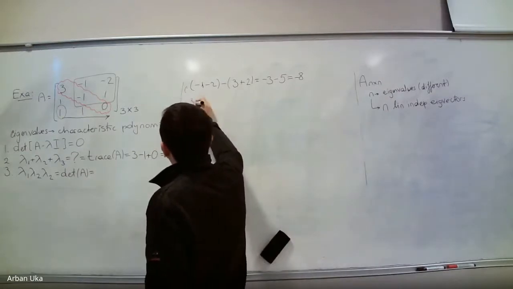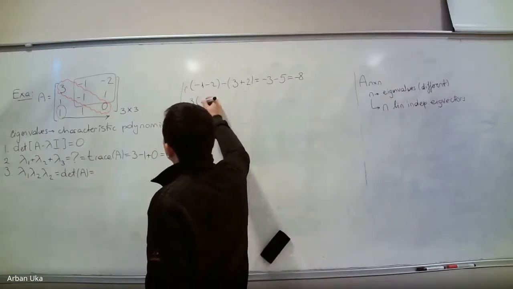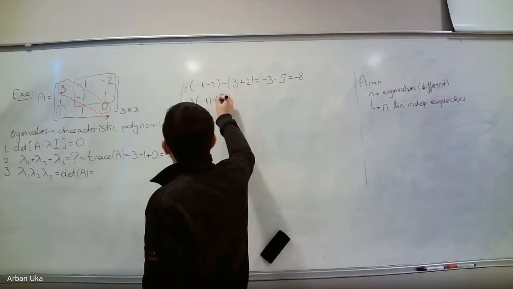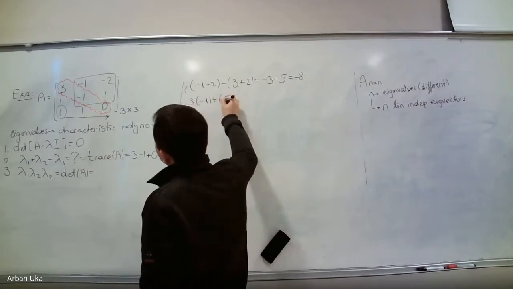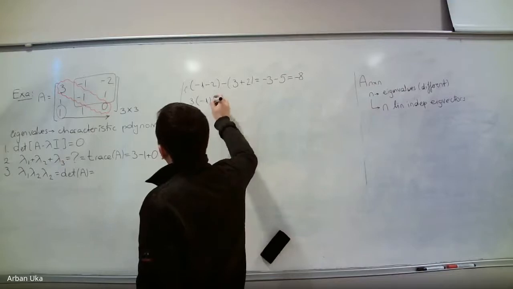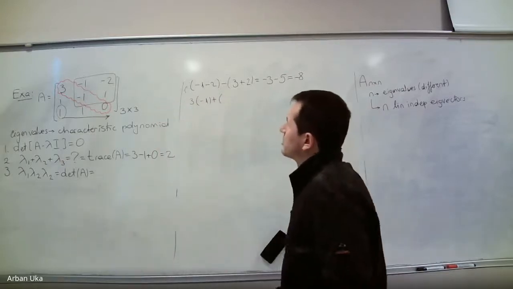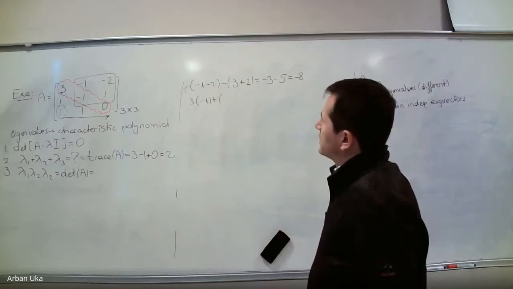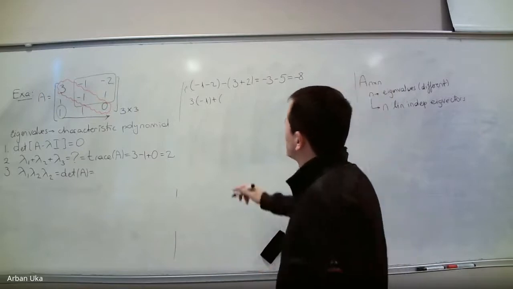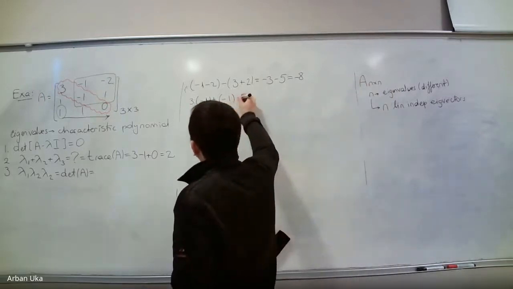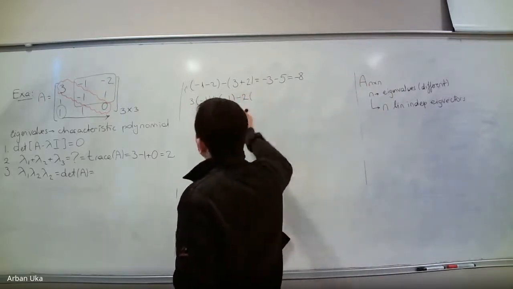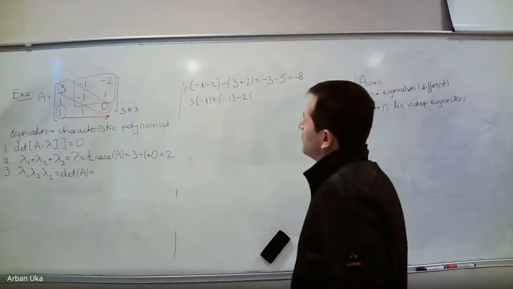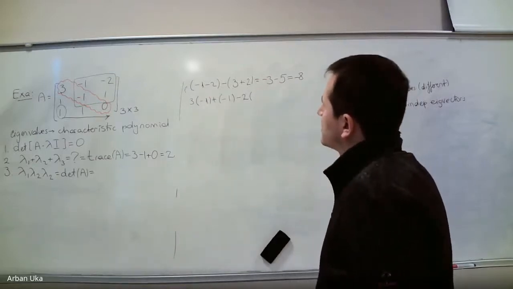This can be 3 times minus 1 plus 1. So if we do the expansion across the first row, 3 times minus 1, 0 minus 1, that's it, plus 1 times 0 minus 1, this is minus 1, minus 2 times 1 plus 1, 2.